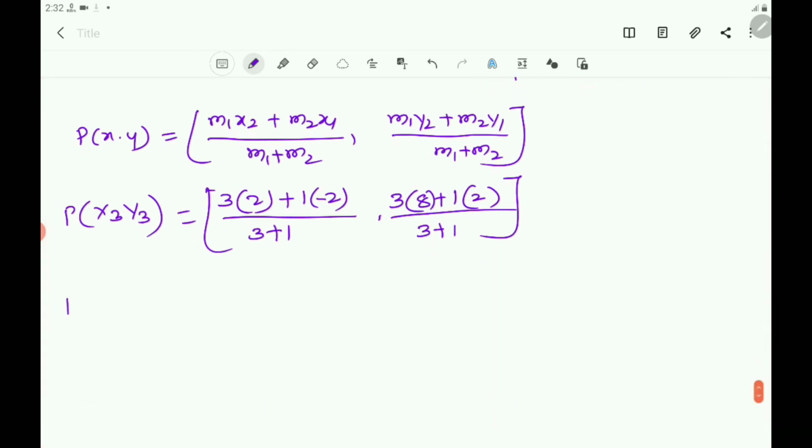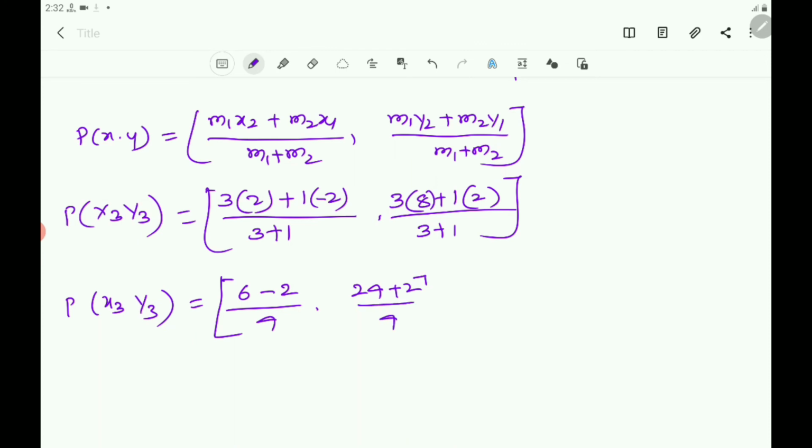Then P of x3, y3 equals 3 2s are 6, 1 into minus 2 is minus 2 by 4. Then 3 8s are 24 plus 2 by 4.